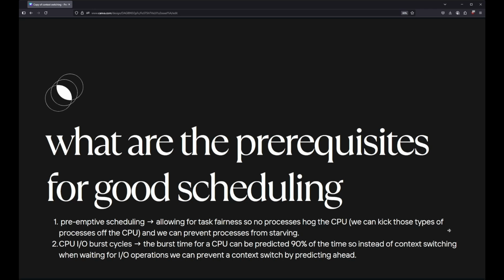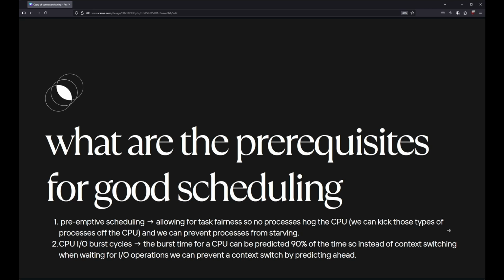It will allow for these processes to have time slices such that no process can hog the CPU, i.e., we can kick those types of processes off the CPU. So there'll be fairness between all of these different processes. And we can also prevent processes from starving. I'll go into starvation in a bit more detail later on, but I'm sure you can guess what it means.